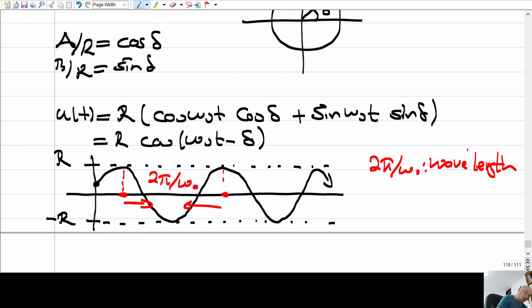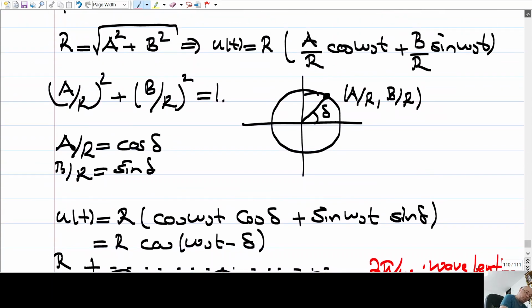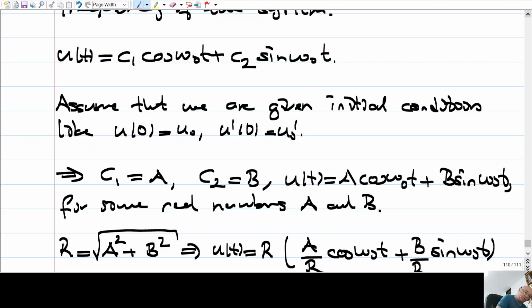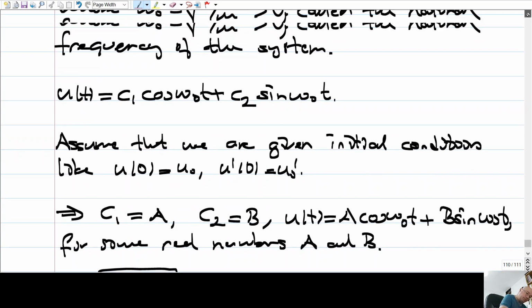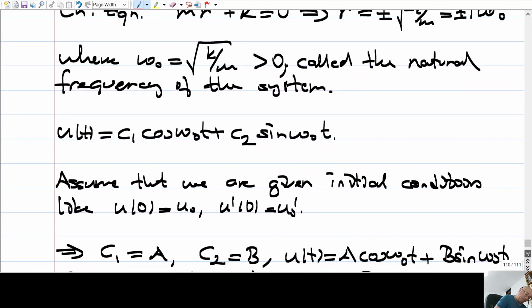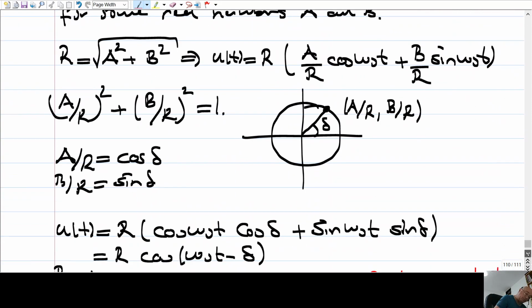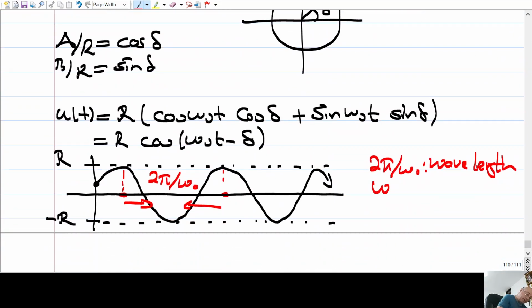Omega 0 is called, we said it's the natural frequency, right? Omega 0 is the natural frequency, and R is the amplitude of the wave.